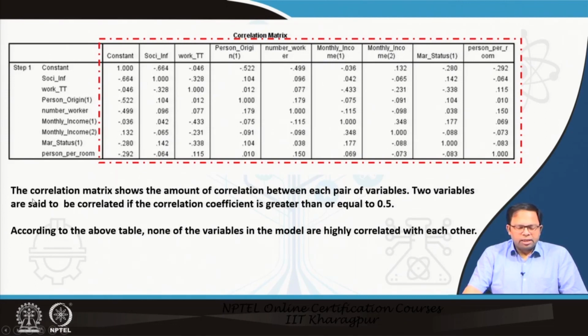So we can check the correlation matrix, and we can say the amount of correlation between each pair. If it is high, then we can be careful about including that particular variable. Two variables are said to be highly correlated if the correlation coefficient is greater than 0.5. And according to the above table, none of the variables in the model are highly correlated with each other.